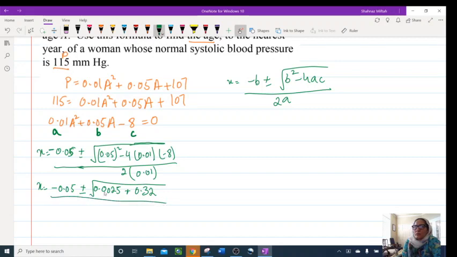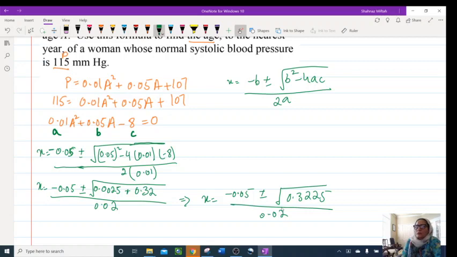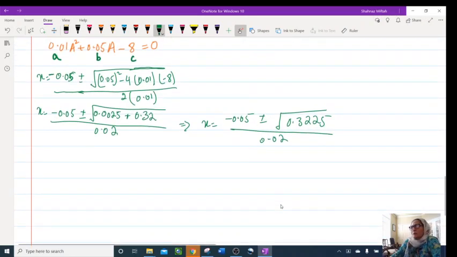In the bottom, when you multiply these two, you're going to get 0.02. Okay, now add these together. In the next step, I have x equals -0.05, positive or negative the square root of, when you add these, you get 0.3225, over 0.02.